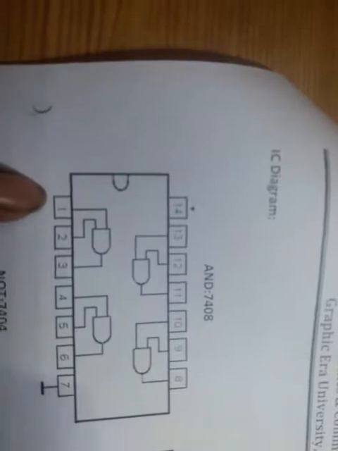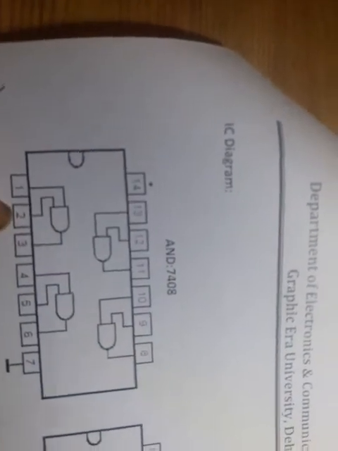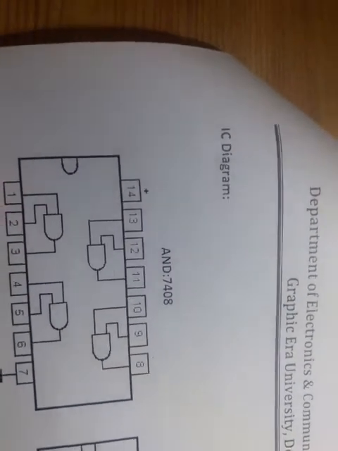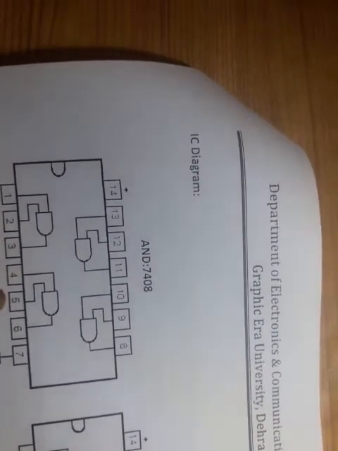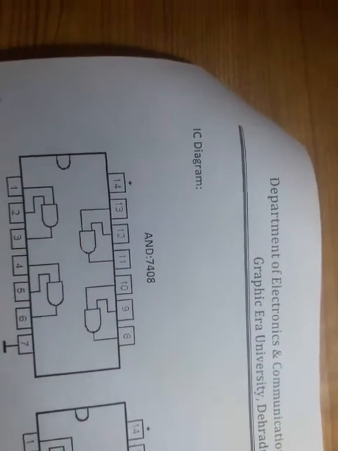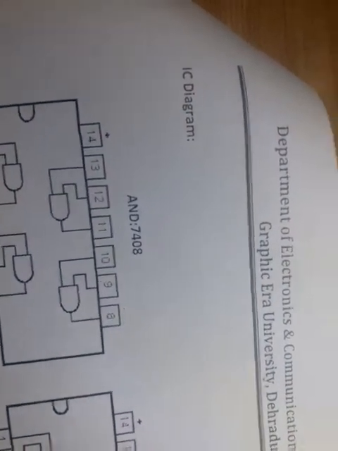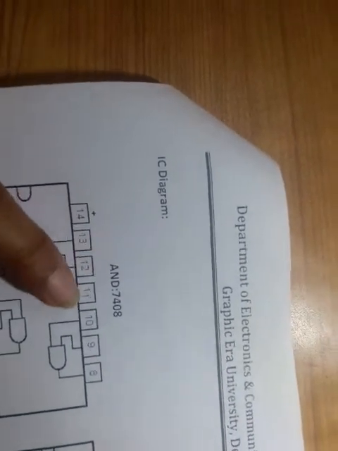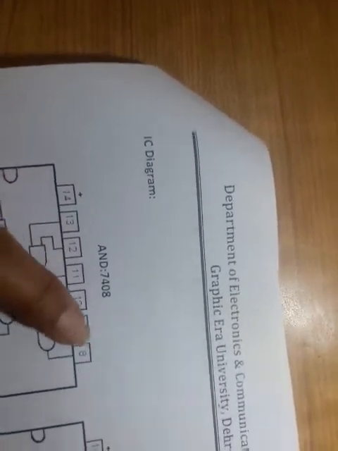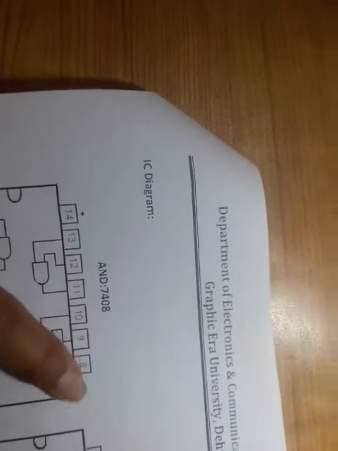Pin number 1 and pin number 2 are designated for inputs and 3 for output. Similarly, pin number 4 and 5 are inputs and 6 is output. Pin number 7 is ground. Similarly, pin number 13 and 12 are inputs, 11 is output, 10 and 9 are inputs, 8 is output.